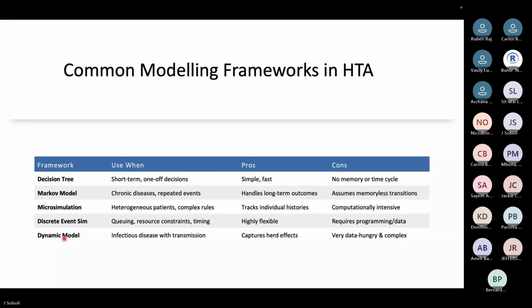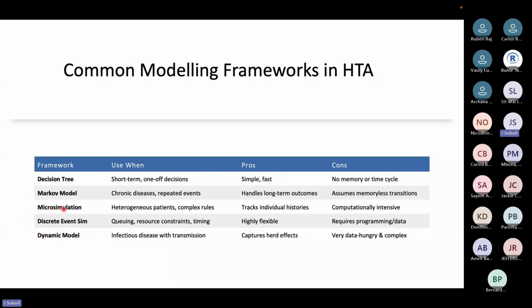And then lastly are your more epidemiological models, such as a dynamic transition model or dynamic model. This often is for infectious disease with transmission. So ideally, you want to do these types of models for any infectious or communicable disease. But again, you can also do that using microsimulation.